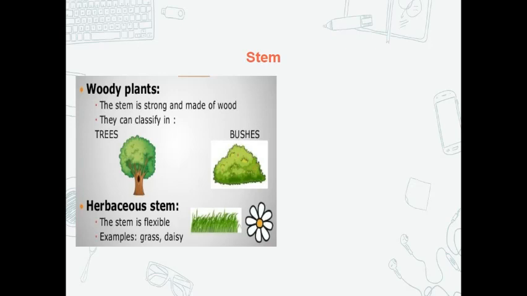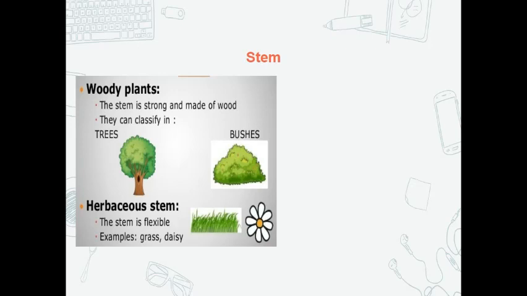There are also herbaceous stems like you see in grass or in daisy or in mint where the plants have a soft green and a flexible stem. Then there are other types of plants like the creepers and the climbers, which need support to stay upright.